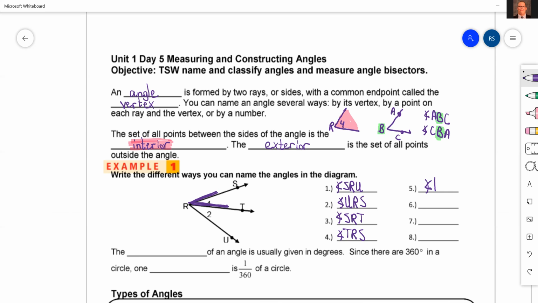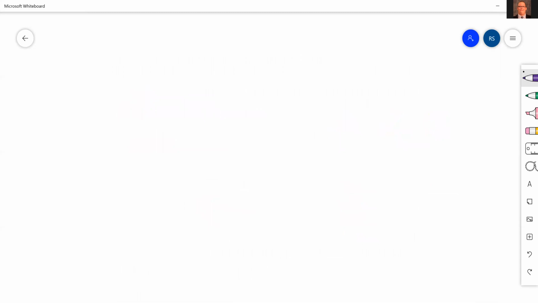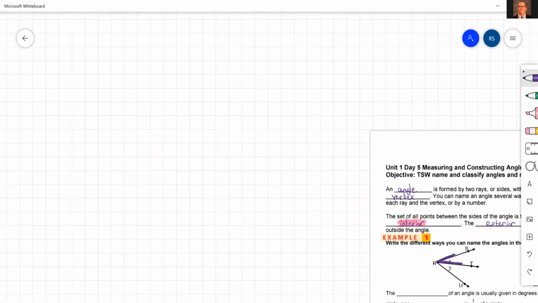Now let's look at the bottom angle. We could say angle TRU, or again, if you wanted to, you could flip that. Angle URT. And then what number is down there in the bottom one? Oh, where'd my page go?